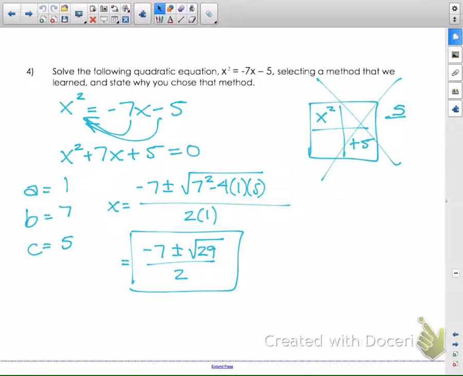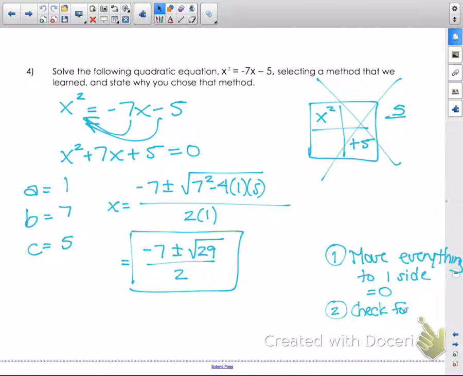Quick review for quiz. When we are solving by factoring, step 1 is to move everything to one side so that it equals 0, right? What do we always do first then? Check for a GCF. Okay. And after you check for a greatest common factor, you either finish using the box, or sometimes if it has a greatest common factor, that's all you can do.